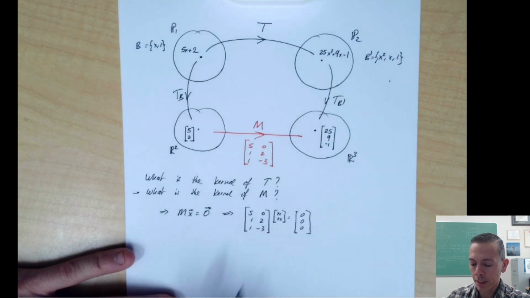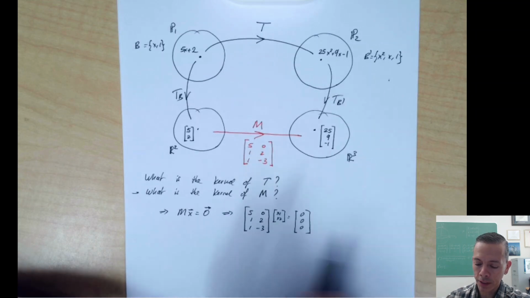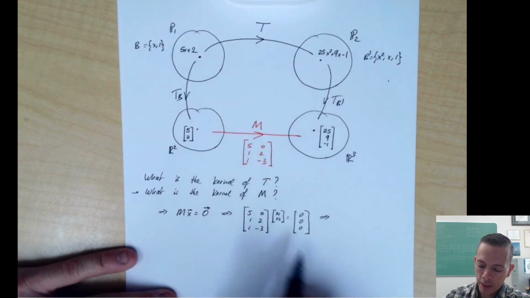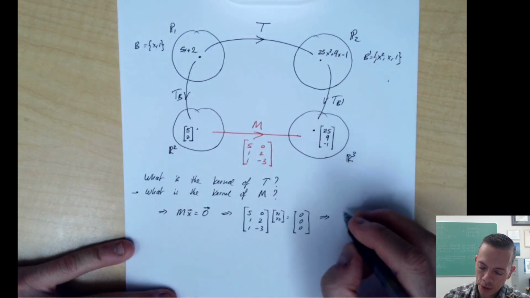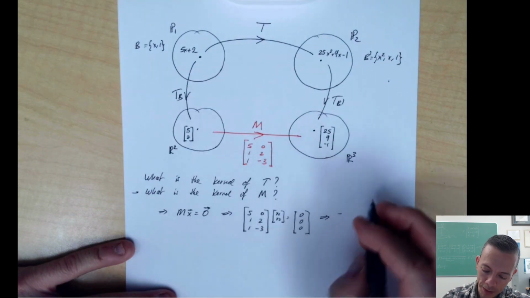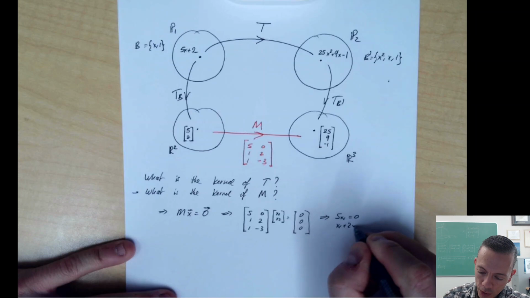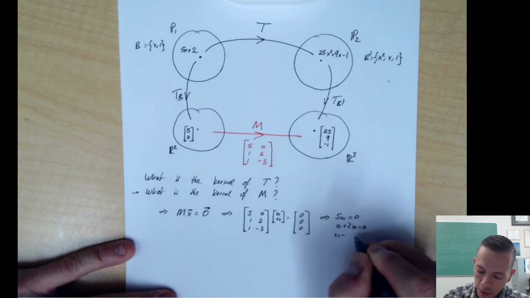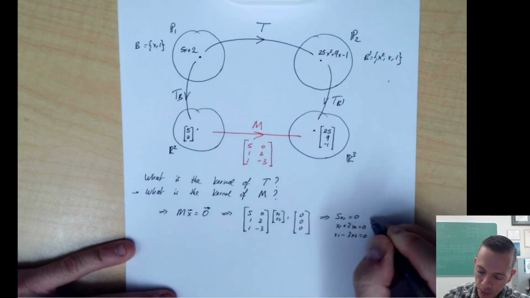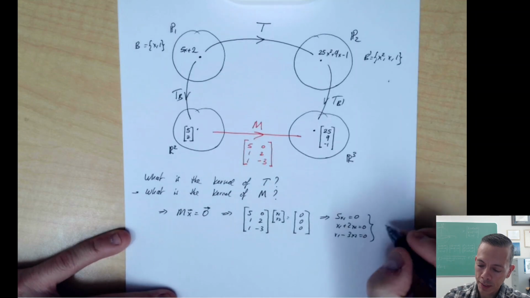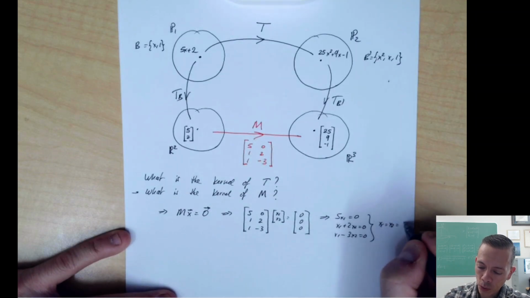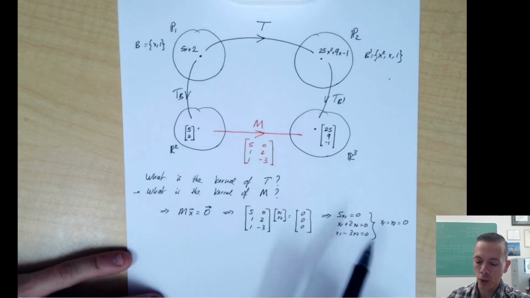And this is just a linear system that can be solved by Gaussian elimination or any of the other methods that you want. If you write this as 5x1 equals 0, x1 plus 2x2 equals 0, and x1 minus 3x2 equals 0, you see easily that x1 and x2 are 0. The trivial solution is the only solution.